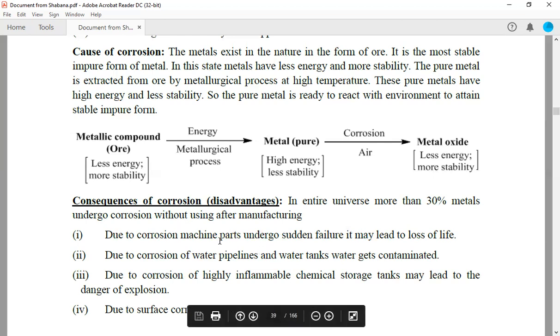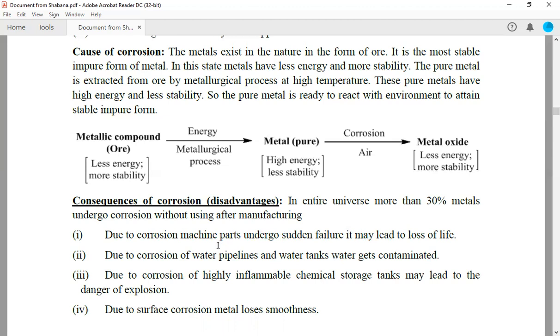The approximate estimate of loss of metal due to corrosion is $2 to $2.5 billion per annum all over the world. Hence, an engineer must understand the mechanism of corrosion so that the effects can be minimized by avoiding corrosion conditions and providing simultaneous protection against corrosion.